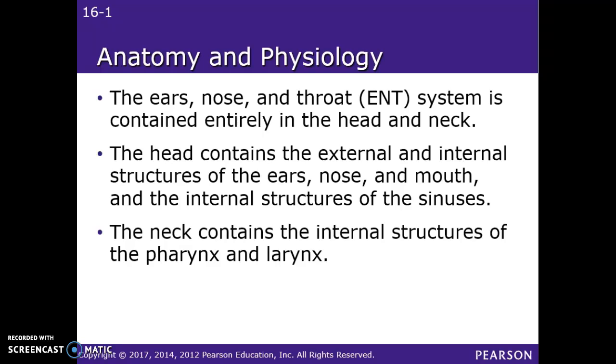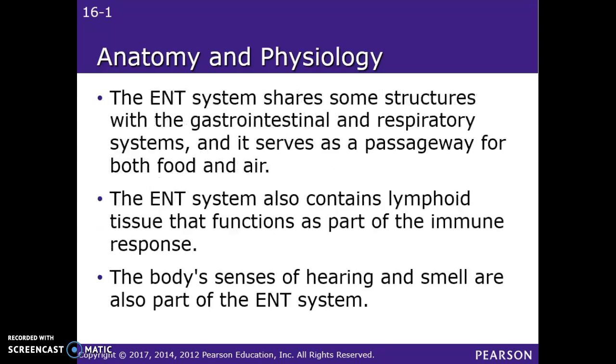So you're going to be looking at that as well as how those structures are shared with other systems. Obviously, the mouth is shared with the gastrointestinal and the respiratory systems. So you're going to be looking at how those are all related and how they are used for all of those functions. And then you're going to look specifically at the ear.